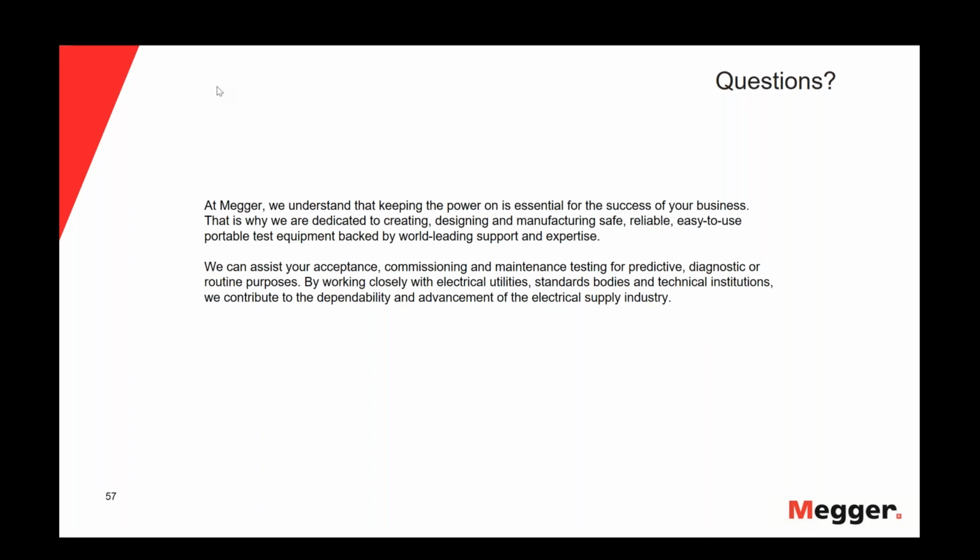Well, tan delta is, like we said before, measuring dielectric losses. And to see what the losses are, we put an electrical stress on the cable by applying a voltage.